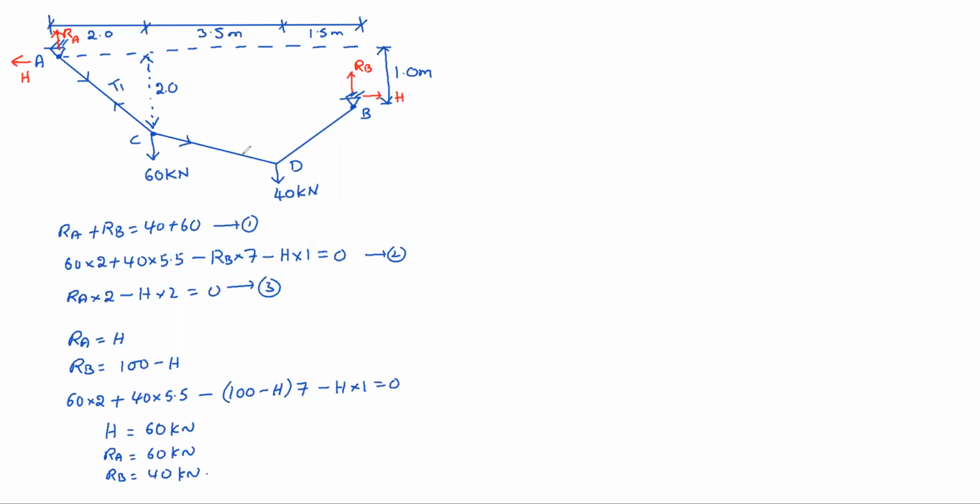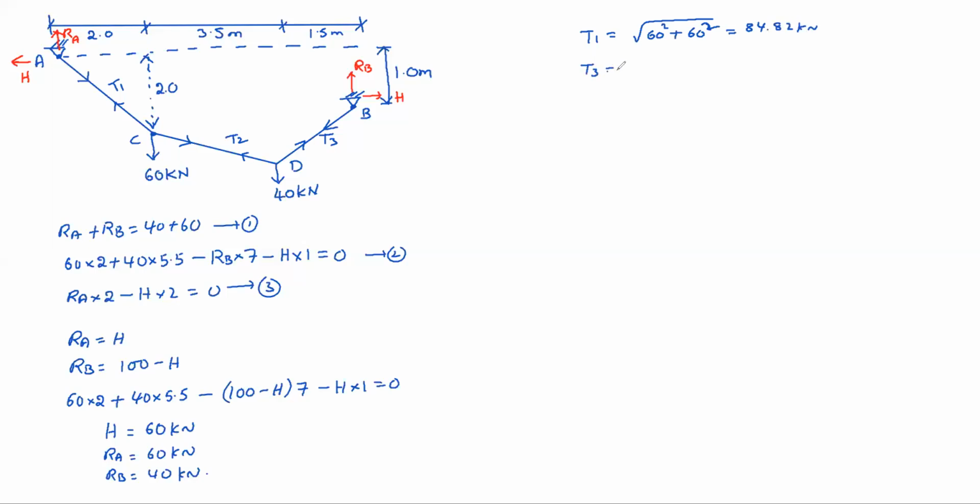T1, T2, T3. So T1 equal to square root of RA 60 square plus H 60 square. How much? 84.85 kilonewtons.